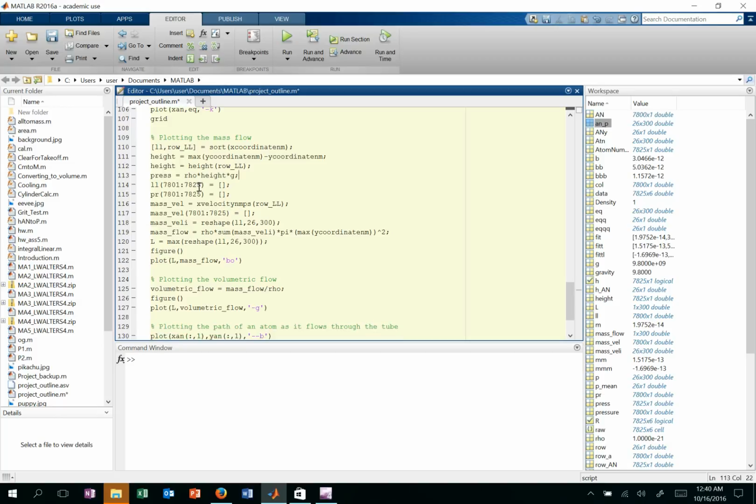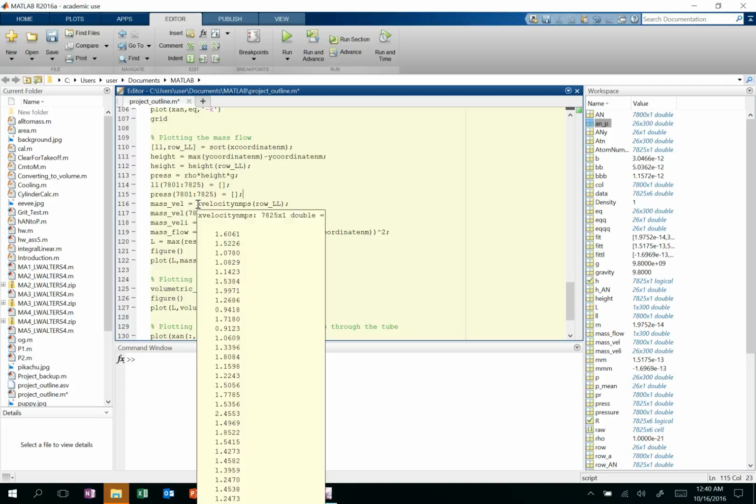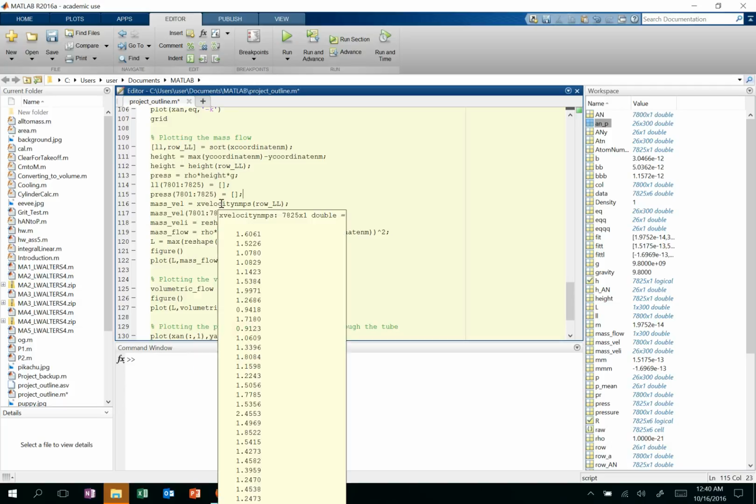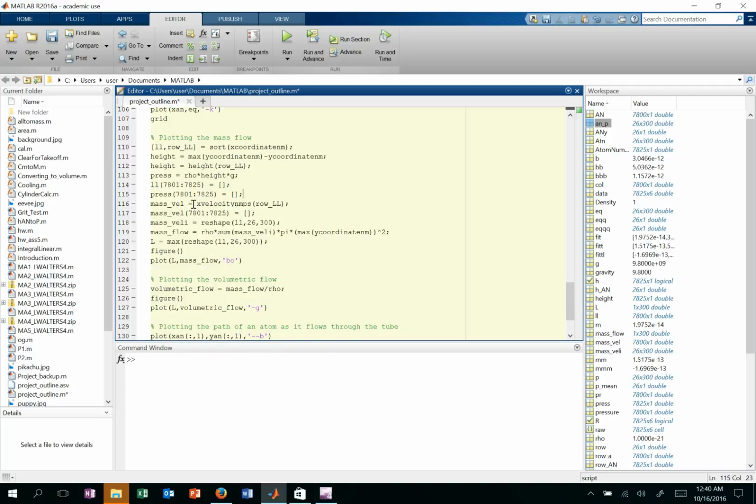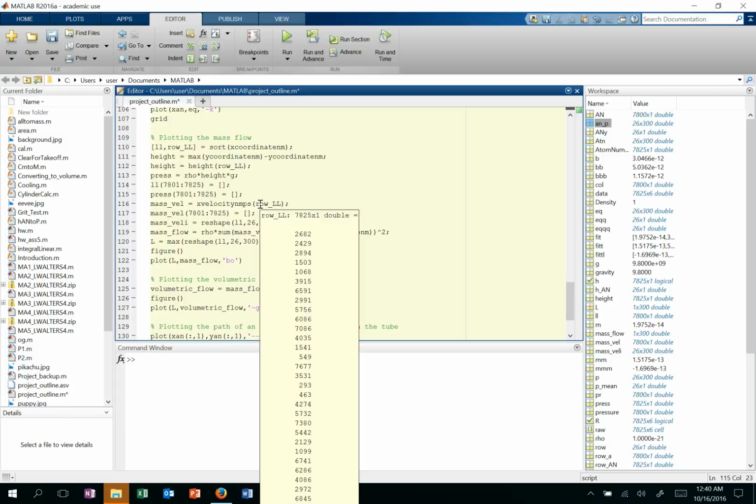Okay, and we also want to get rid of the NaNs at the end of the column, so we do that. And we want to take our velocity, because in order to find the mass flow, we need velocity, and we want our velocities to correspond with our s coordinates.